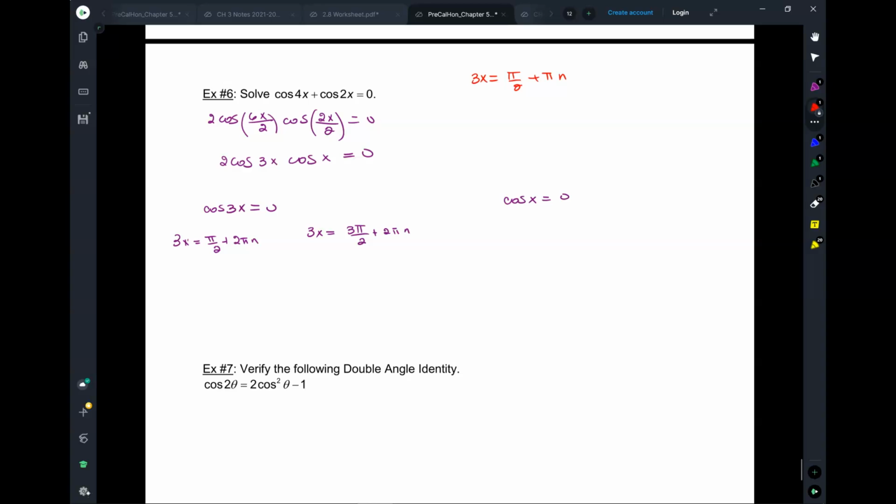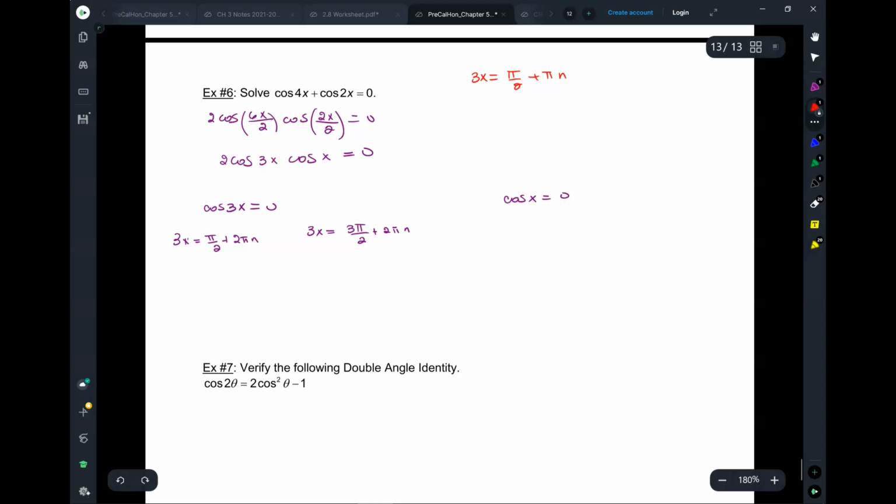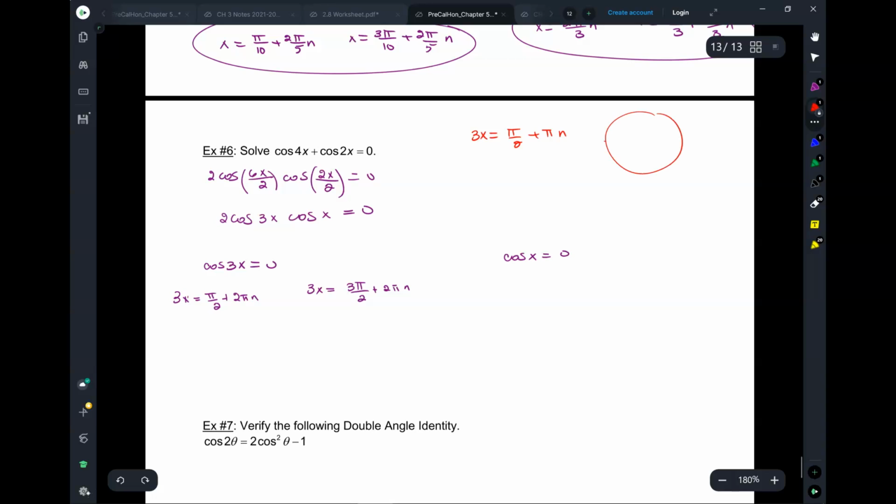Yeah, so let me do this. How did you get pi over 2? Remember, it works on pi over 2 and 3 pi over 2, right? So we said you could say that this is pi over 2 plus 2 pi n, 3 pi over 2 plus 2 pi n.